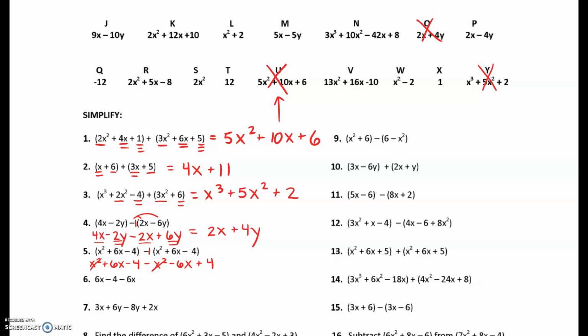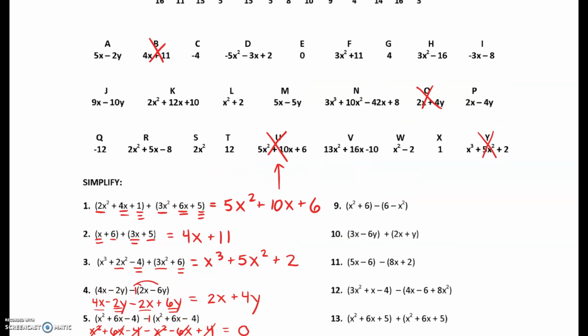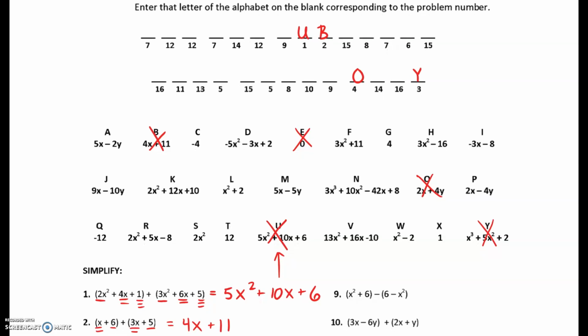You have a +6x and a -6x. They cancel. You have a -4 and a +4. They cancel. If everything cancels, you still have a number you need to hold there as your final answer, and it would be 0. So if you look at the top, I see 0 as an option. It is letter E. So anywhere you see the number 5, you should fill in the letter E.